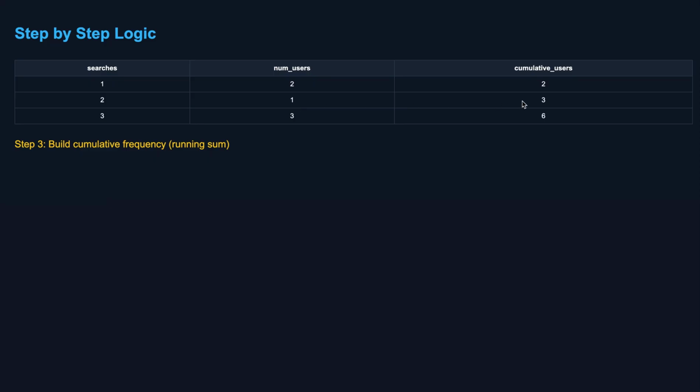So total till this point becomes 3 now, right? 2 from the earlier row and 1 from this row. Then for searches equal to 3, we have 3 more users. So total till this particular row till searches equal to 3 becomes 6, right? So this is how the cumulative users column looks like, 2, 3 and 6.